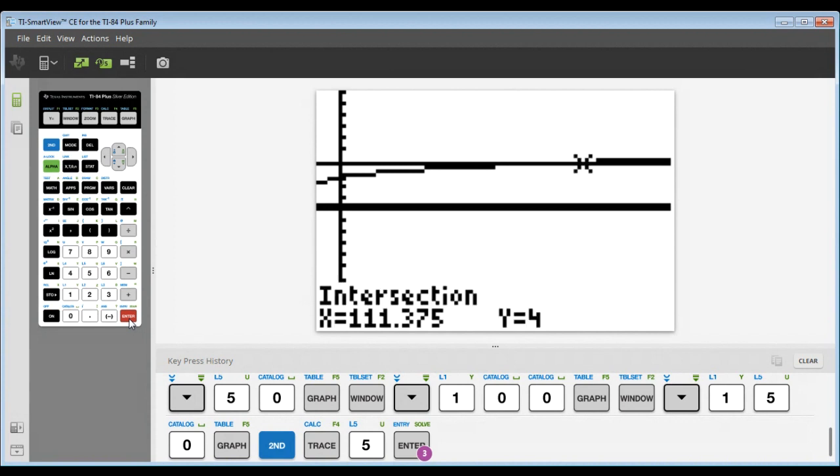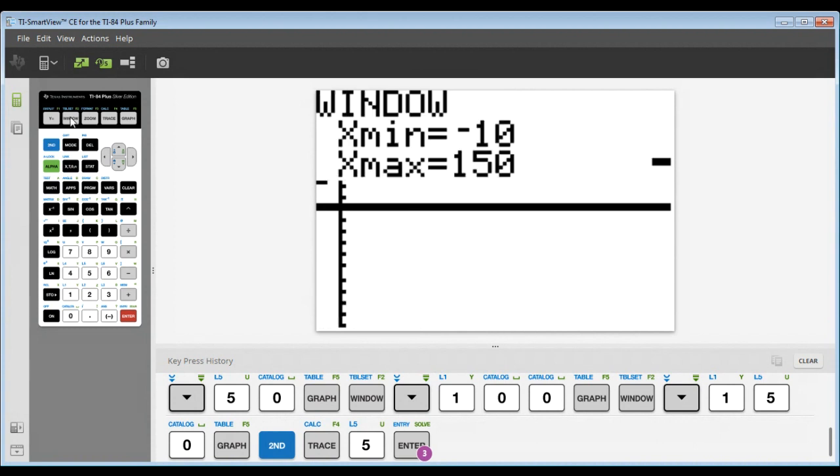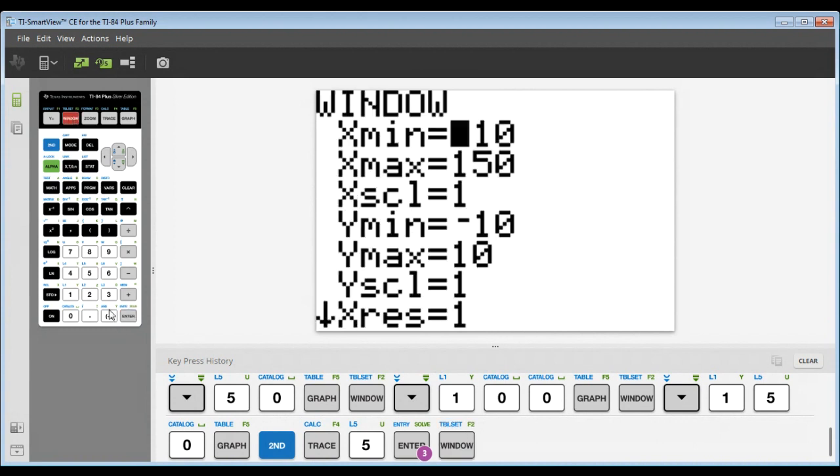Give me that intersection. Yes, it gave it to me. It's 111.375 for x. Even though I don't see it so clearly, it still helps me a little bit.